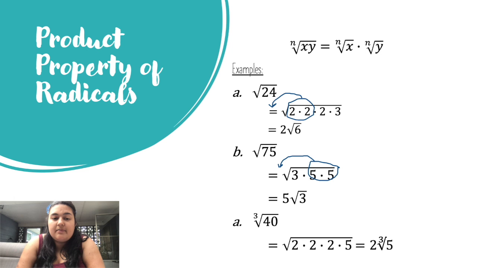I'm going to find my 3 equal factors, which are my 2's right over here. The cube root of 2 cubed is just 2. So I'm throwing that outside of my radical sign, and when I simplify, I'm just left with 2 times the cube root of 5.